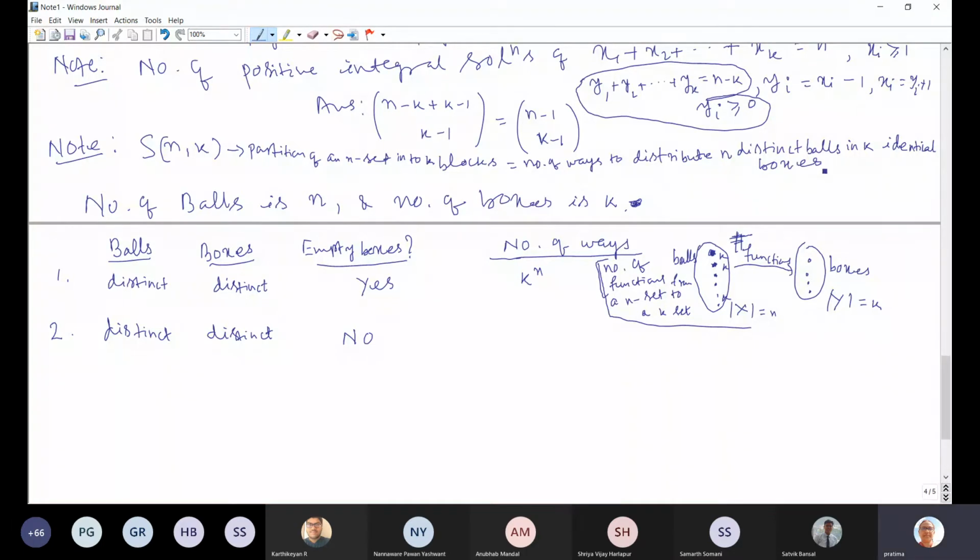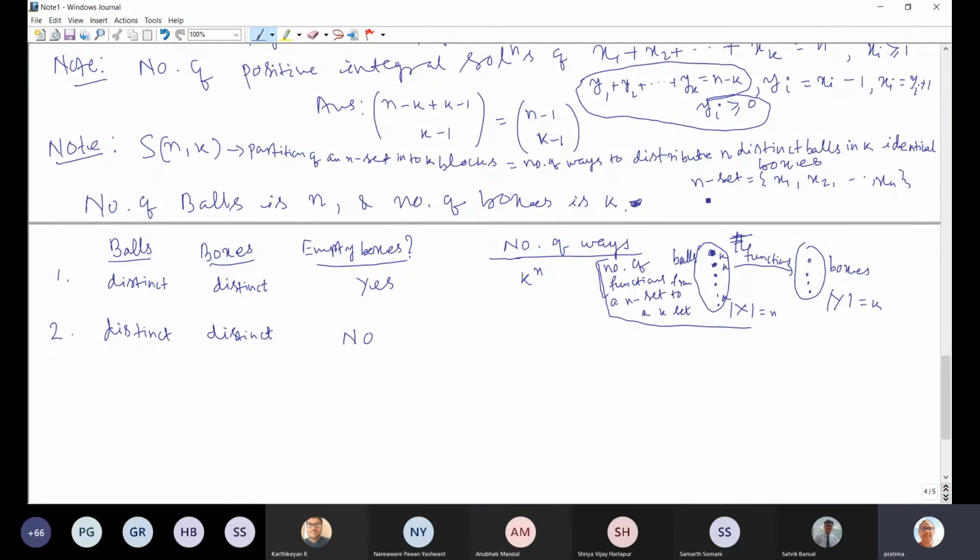Whether this is true. See, in the n set we are considering, we write the elements, say x1, x2 to xn. Here, say, I'll partition into two.